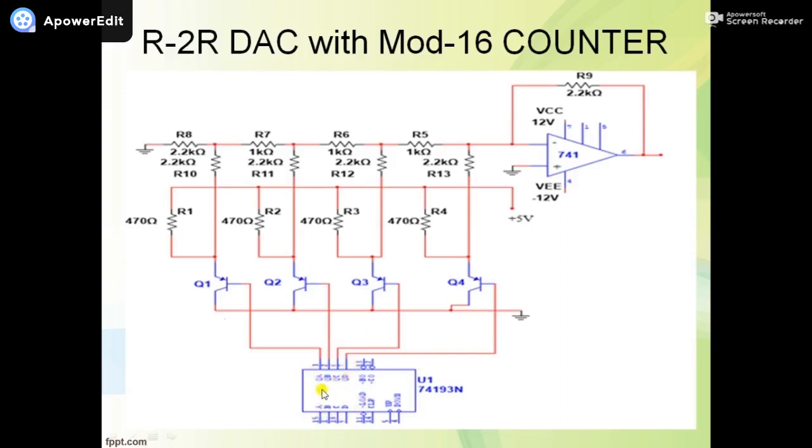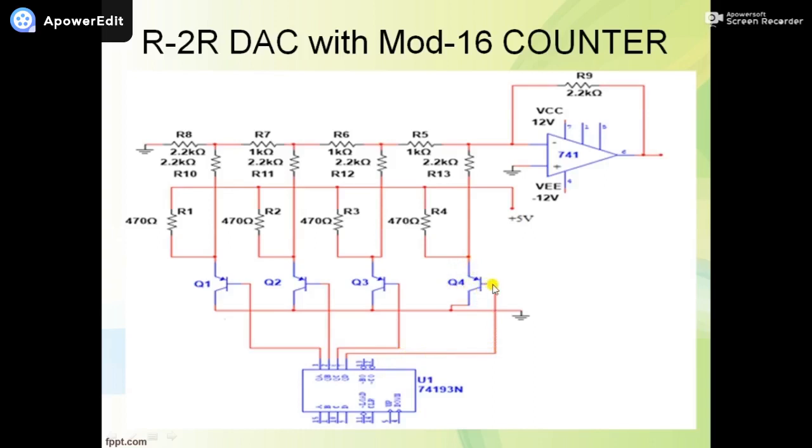B0 is the LSB and B3 is the MSB. For example, if you give the digital input signal through the 74193 as 0001, which digital input signal is active? Only B0, and that B0 equal to 1 acts as an input signal for this transistor.